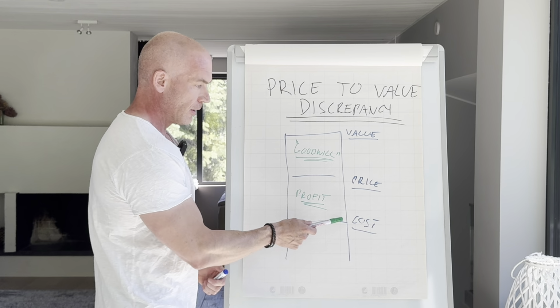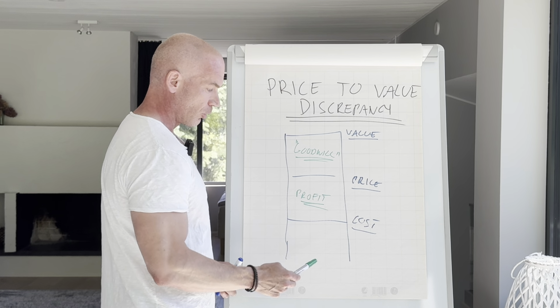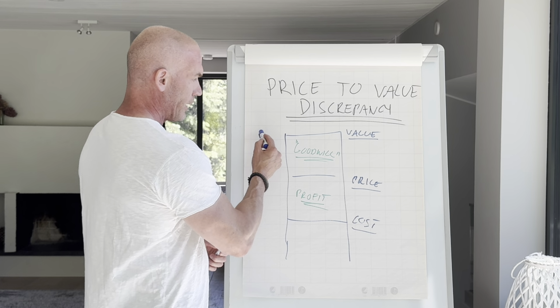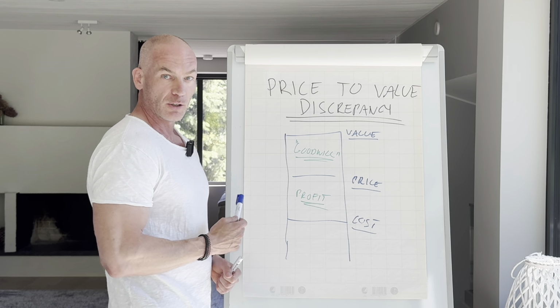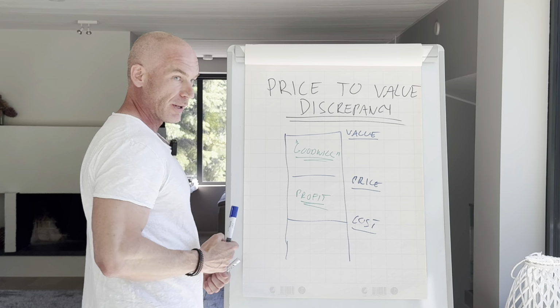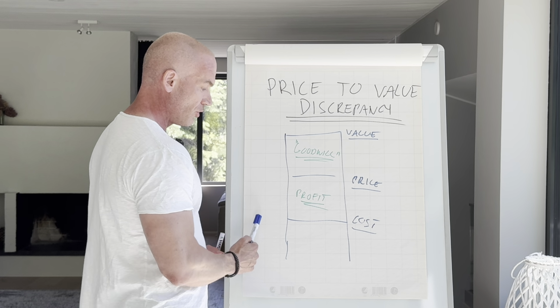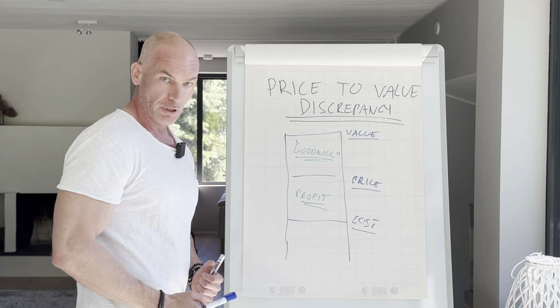That's called the goodwill. Obviously, price and cost difference is called profit. And here we get ourselves a happy customer who recommends our business, our service, our products. Here the reaction is neutral, and here we have ourselves a hater.